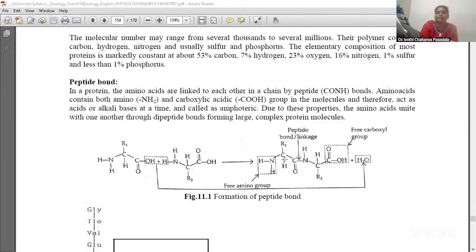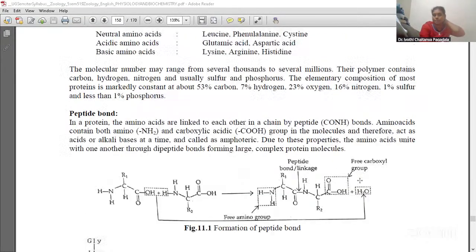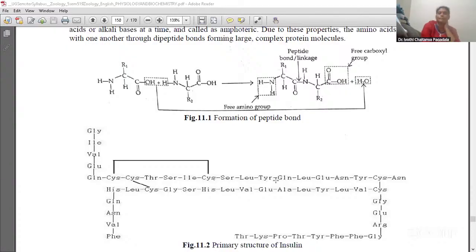Here you can see the free amino group, NH2, and here the free carboxyl group. The formation of the peptide bond takes place between the free carboxyl group and the free amino group.